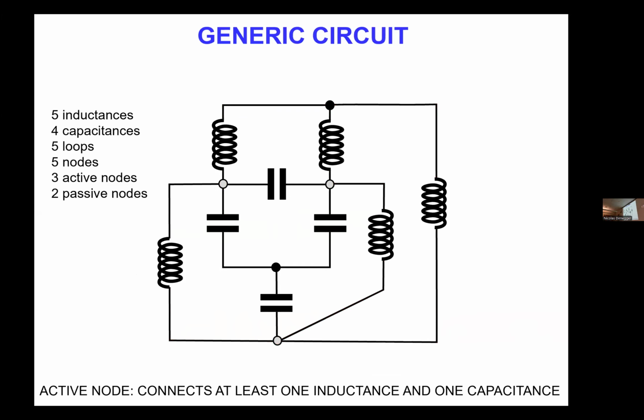The true loops are the loops that contain both types of elements. Those are active loops. You cannot reduce those loops. But loops that contain only inductances or only capacitances can be eliminated by this sort of star triangle transformation or by some kind of matrix inversion.